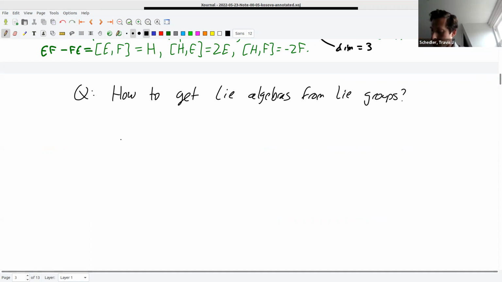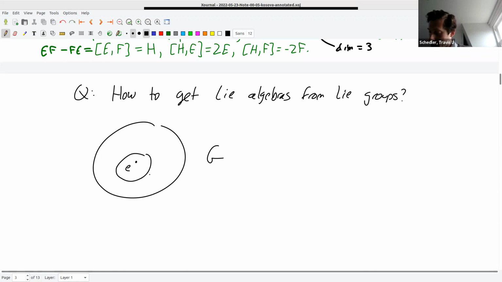So basically the point is you have some group here, which is maybe a complicated topological space, but it's not too complicated because it locally looks like Rn. And there's also an identity element. So near this identity element e in G, you can write a vector.